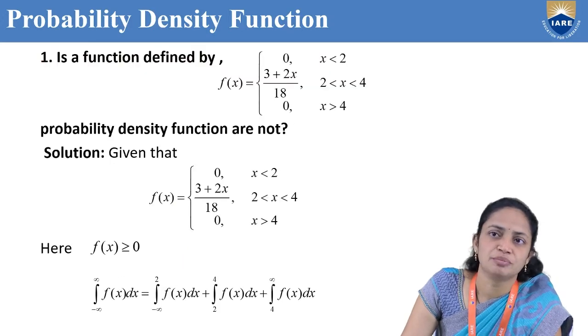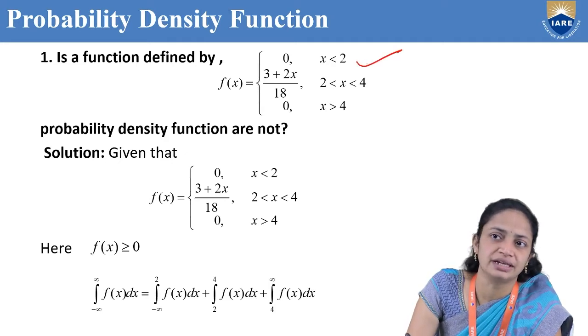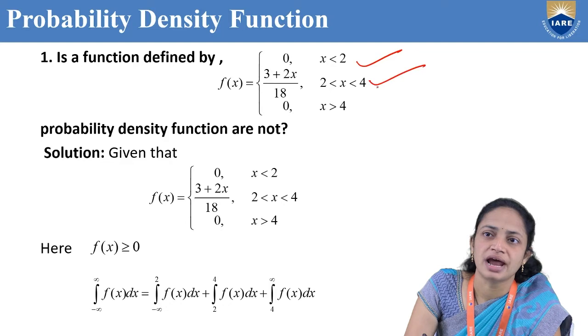So, problems on probability density function. First question. Is a function defined by f of x equal to 0 where x less than 2, (3 plus 2x) by 18 where 2 less than x less than 4, and 0 where x greater than 4.